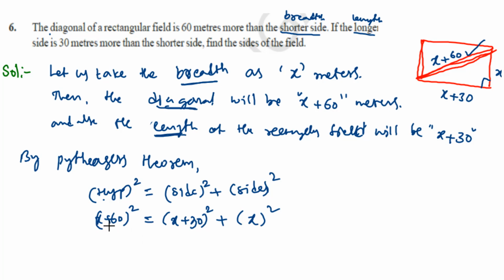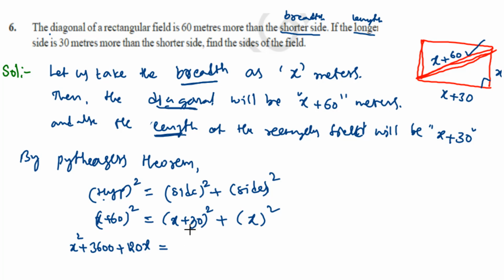It is in the form of (a plus b) whole square. By using the (a plus b) whole square formula, we can write a square as x square, plus b square as 60 square. 60 square is nothing but 6 square 36, so 60 square is 3600. a square plus b square plus 2ab. So 2ab means 2 into x into 60. So here 2 into 60 we get 120, so we get 120x. And the same (a plus b) whole square formula can also be applied for this.